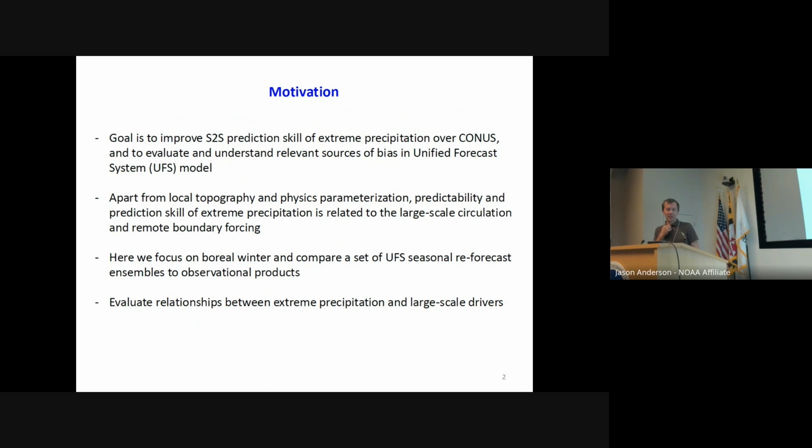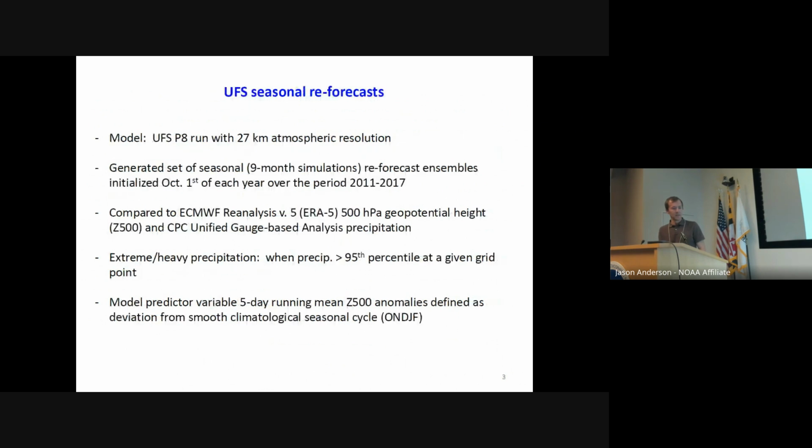So we want to look at potential sources of bias, motivated by looking at extreme precipitation in the wintertime over the U.S. We'll compare to some observational products and look at the relationships with the large scale circulation. I also looked at some other variables like SST, but in the interest of time, I'm skipping that.